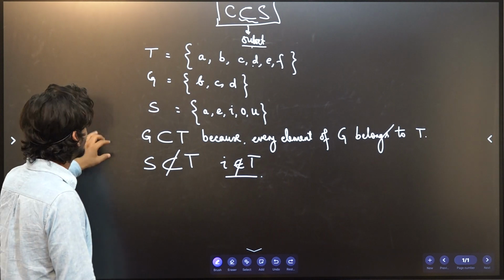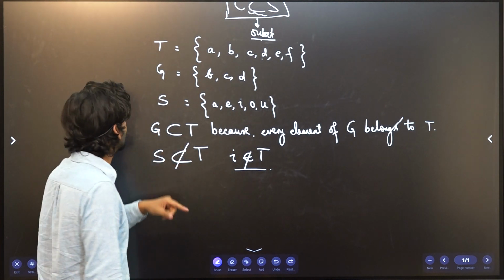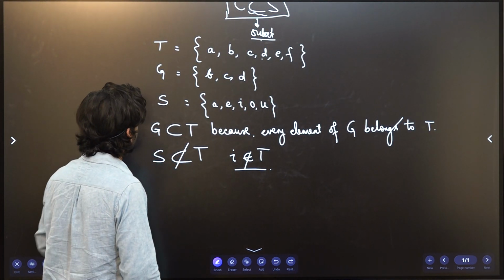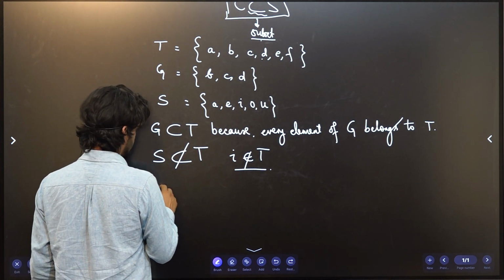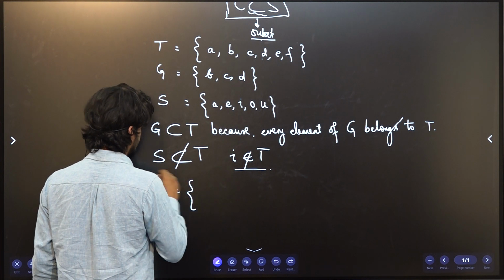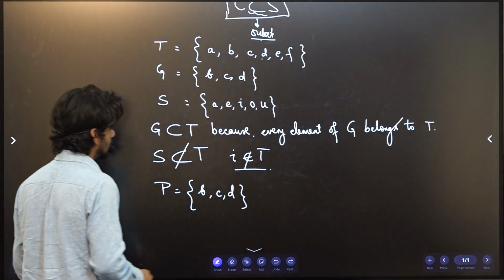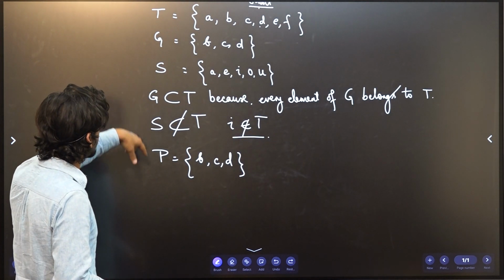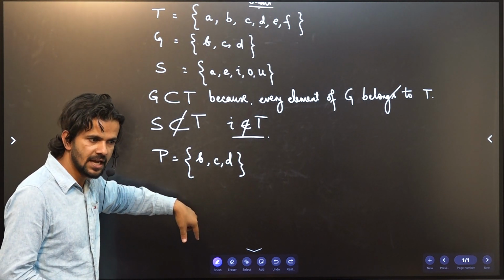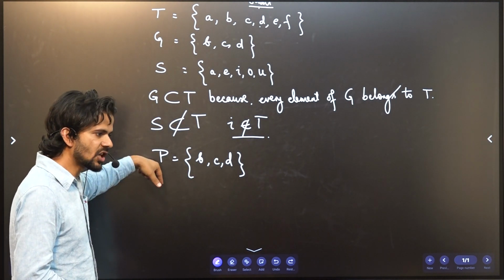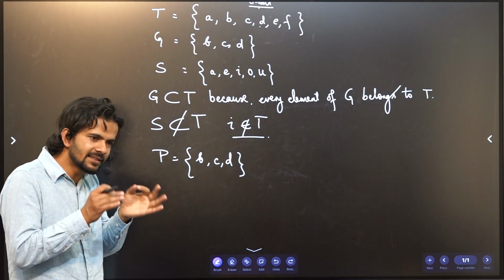So for example, if we have two sets containing the same elements, let's take another. Instead of G, can we talk about some other set? Let's take BCD itself. What is the relationship between P and G? They are both equal sets. Are they subsets of one another? Look at the definition.